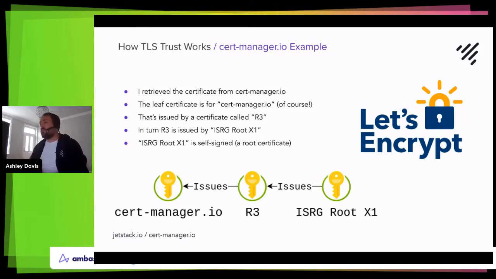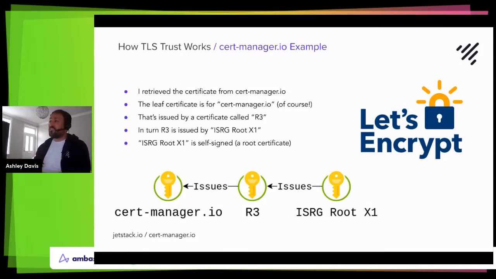Actually, we look at the chain that it sends, and we have 3 certificates in it, right? There's the leaf certificate, but then that's issued by what we call an intermediate certificate called R3. That's the sort of workhorse certificate that Let's Encrypt use to issue other certificates. They'll have that on a server somewhere, and that's what they use to actually sign requests that they get. In turn, we see that R3 is issued by ISRG root X1, which is incredibly difficult to say, especially when you're a little nervous.